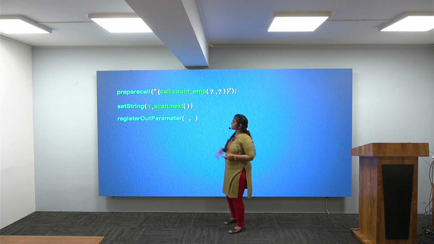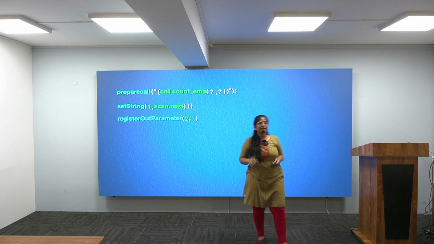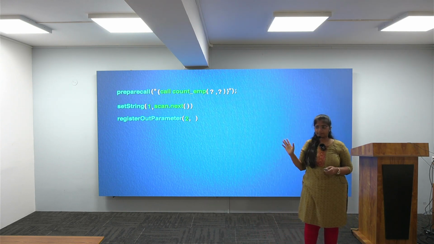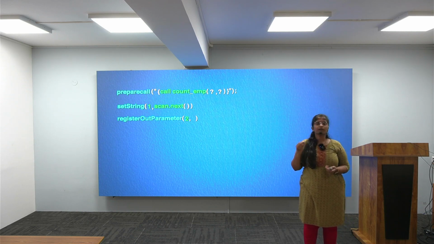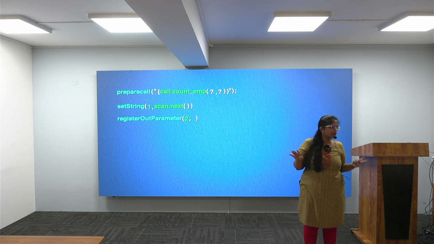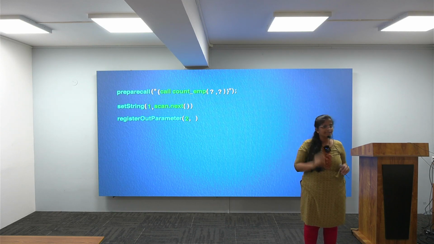The first parameter is nothing but a placeholder. What is the placeholder? 2. Mention that. Now I need to be mentioning the type of it. What is the type of this? Integer. When you are mentioning integer, you cannot say int in data types. I need to make use of the wrapper class Integer, okay. But I cannot directly say all these things. There is one class available inside which they have defined all the data types already. All the data types that you will come across inside your database will be available inside that class.